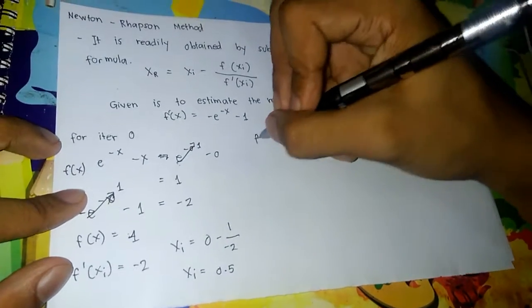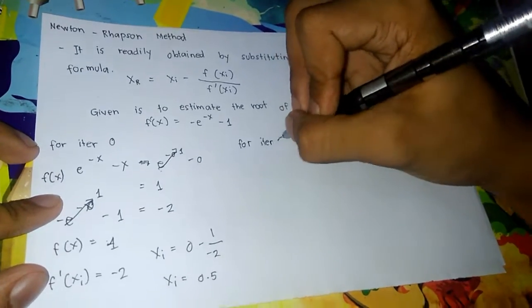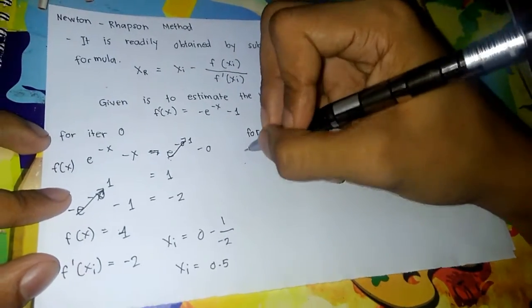For the next iteration, you have to substitute again into f of x.